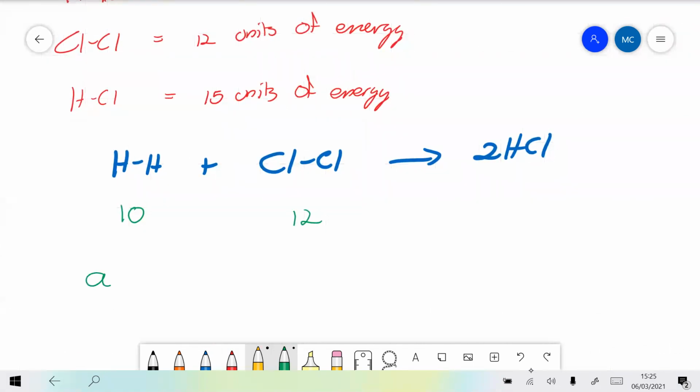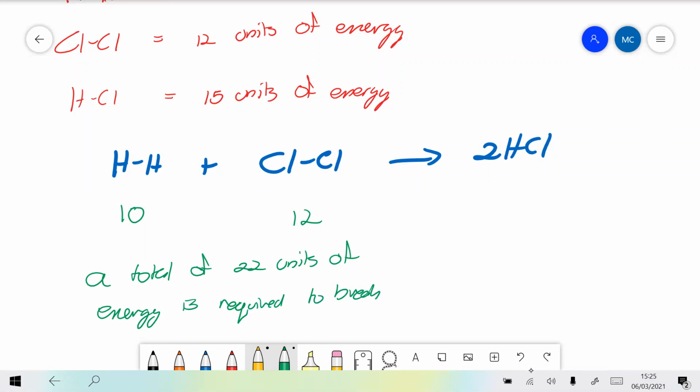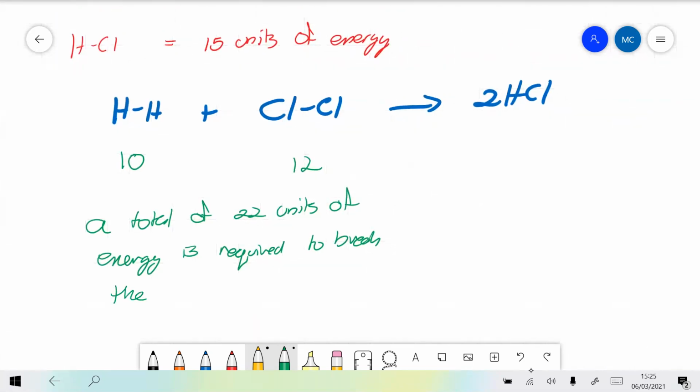Therefore, a total of 22 units of energy is required to break the bonds.